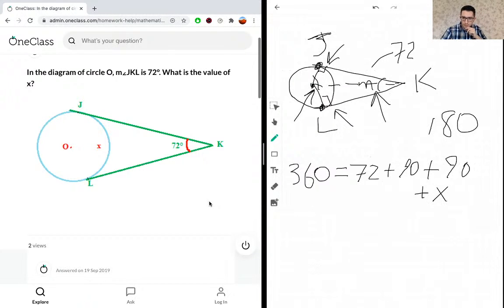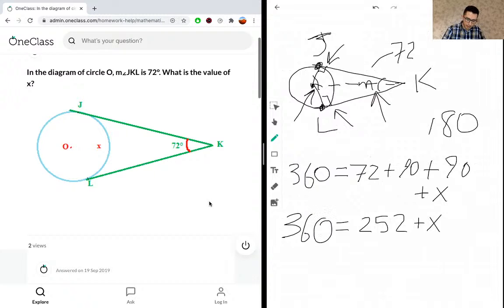So we can add up 72, 90, and 90. So 90 plus 90 is 180. And then adding on 72 should give us 252, I believe. So I'll just plug that into our calculator to double check. 72 plus 180. So 252. Yep, that's correct. We have plus X, which will give us 360.